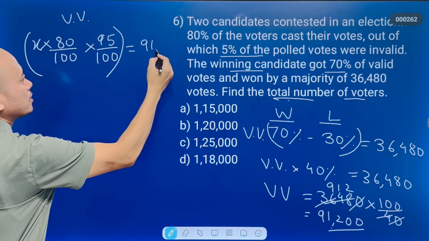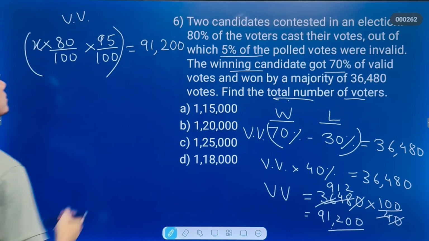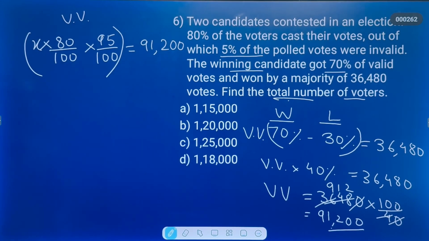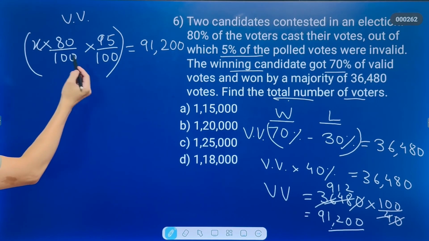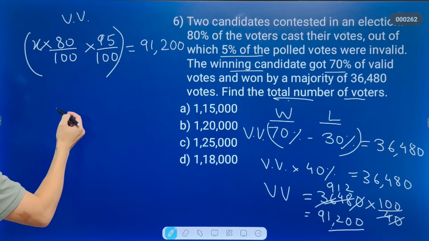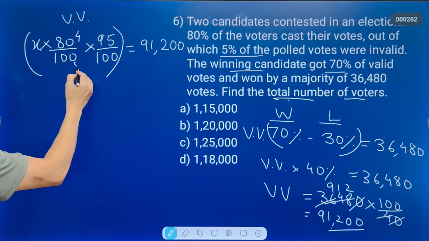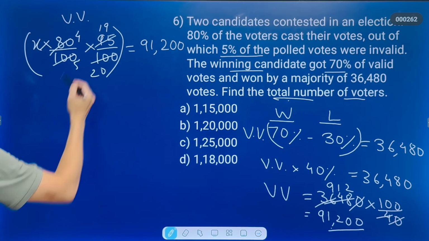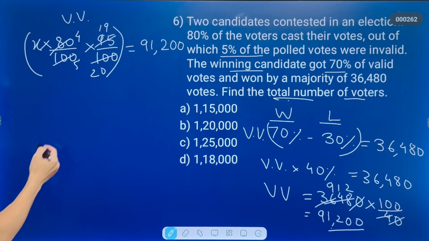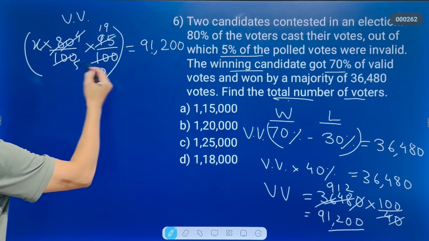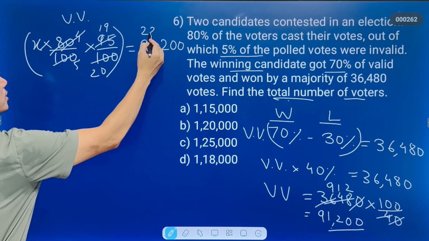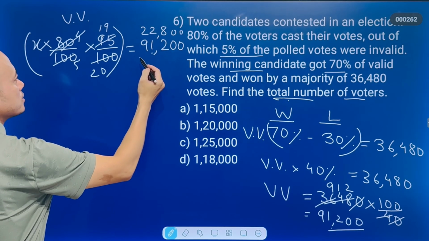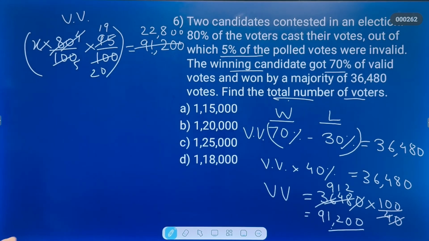91,200. So, now we can cancel and find the answer. So 95 by 100, 80 by 100 is 4 by 5, this is 19 by 20. 5 19s are 95, 5 20s are 100. So this is divisible by 2, 4 2s are 8, 4 8s are 32, 4 is 34.